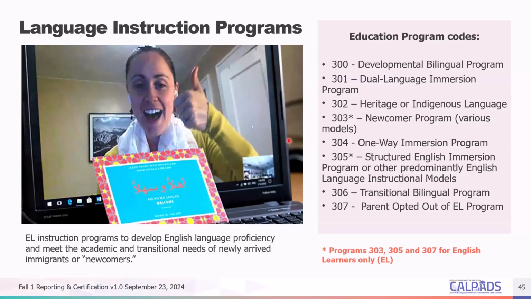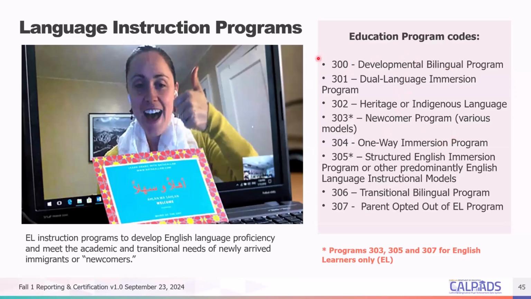So that data element was then moved to the program side. So now you need to submit a program for each student who is EL, right? You have to tell us if an EL student is receiving services, and then, of course, you also have to tell us what type of instructional program.